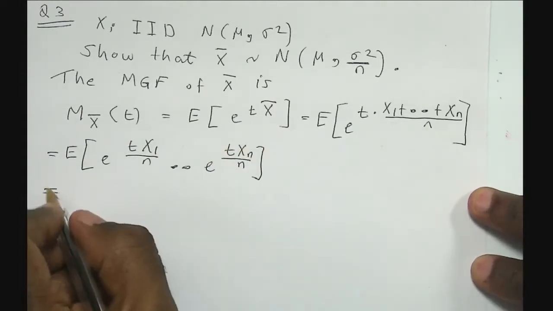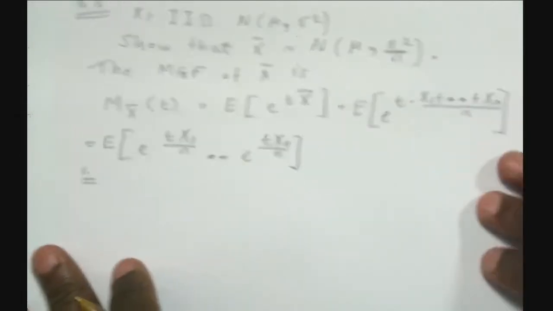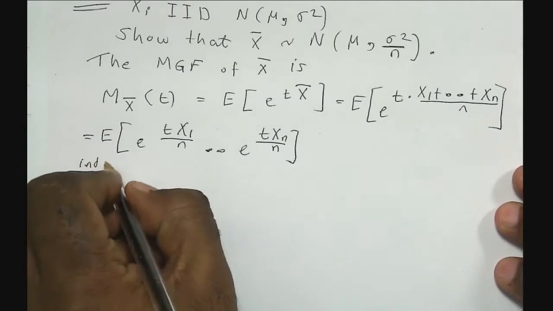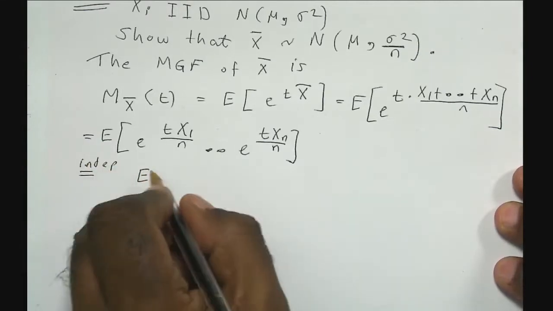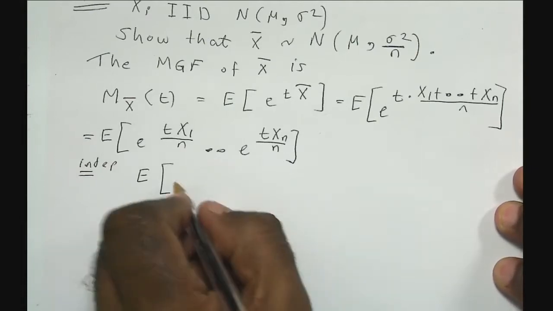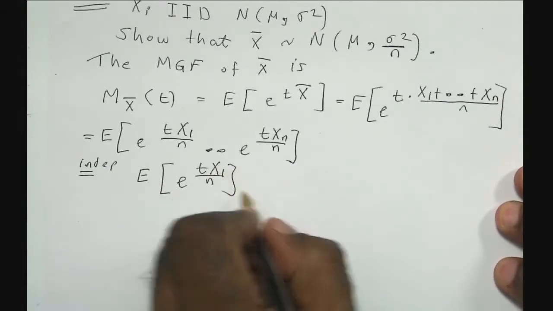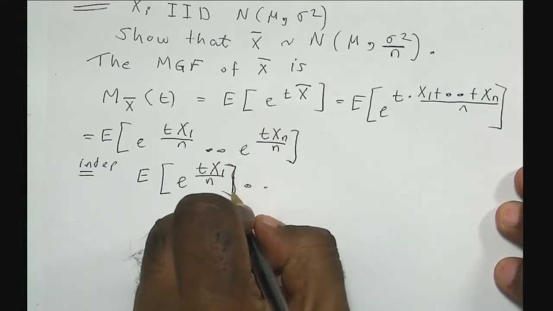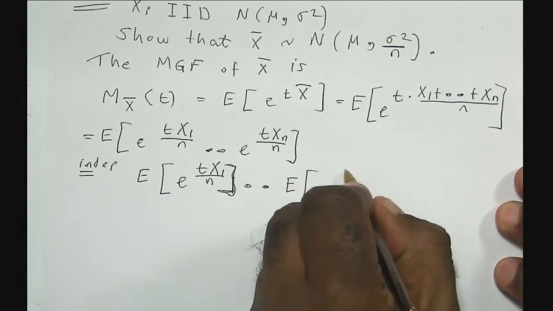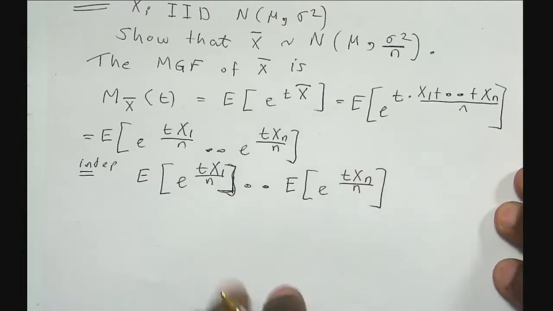Now by independence you can write this as the product of the expectations, right? So this will be like this, okay?